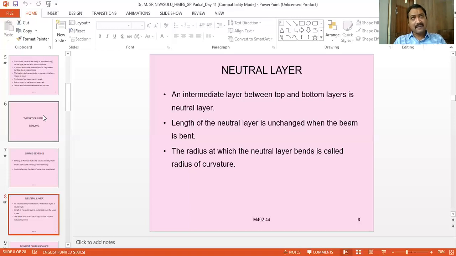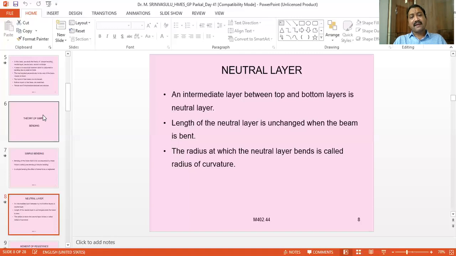So the neutral layer means the layer which is not subjected to either tensile force or compressive force due to the bending of the beam. It is not subjected to any kind of force.